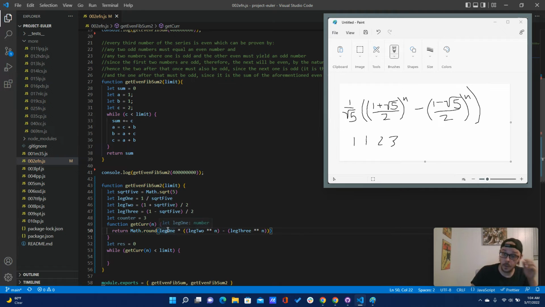JavaScript and every programming language has some issues with floating point calculations, and this is going to have a floating point error in it.